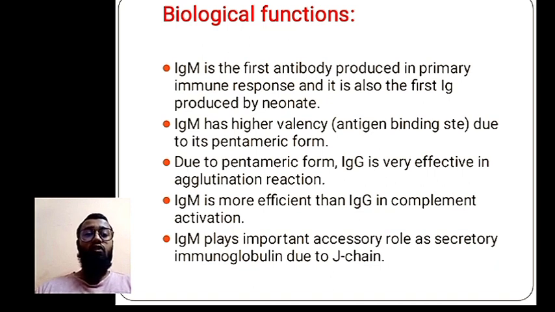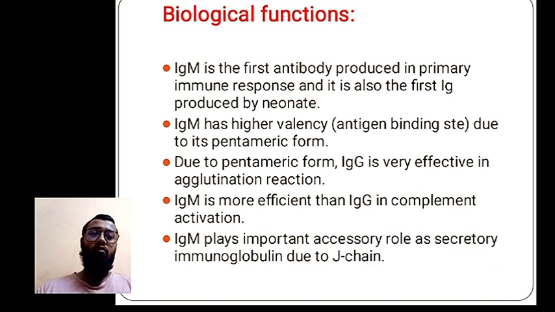So while the T helper cell and B cell are preparing for the production of other immunoglobulins, the IgM plays an important role in the circulation, and when the IgM concentration gets lower, then IgG enters in the secondary immune response. So remember students, IgM is the only immunoglobulin that is present in the primary immune response.